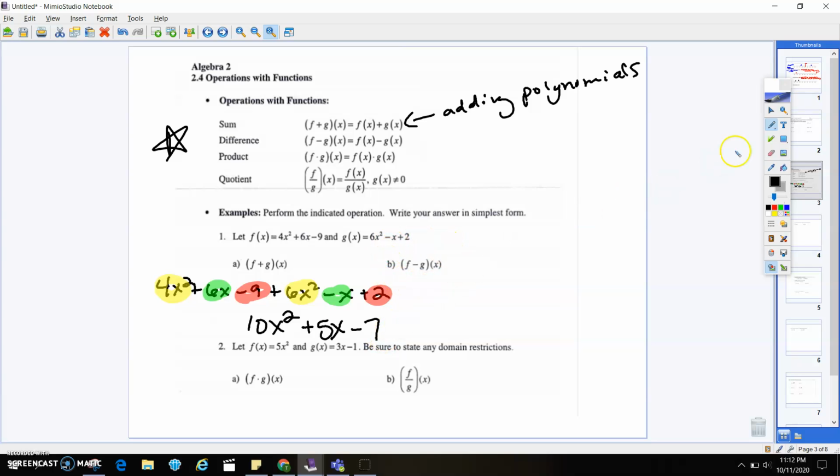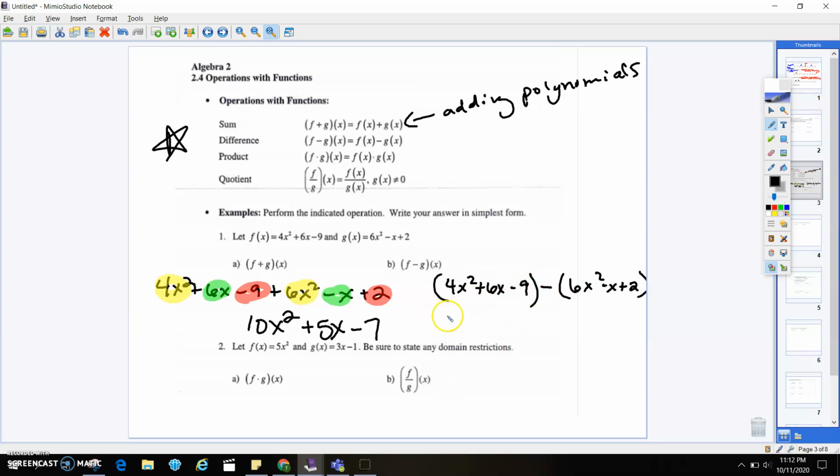On B, we're going to do something very, very similar. The only thing that's going to change a little bit is we're going to write the first function out. Okay, so we've got 4x squared plus 6x minus 9. And then we're going to say minus, and in parentheses, we're going to write everything that has g. Okay, and in the last unit, we saw this like this.